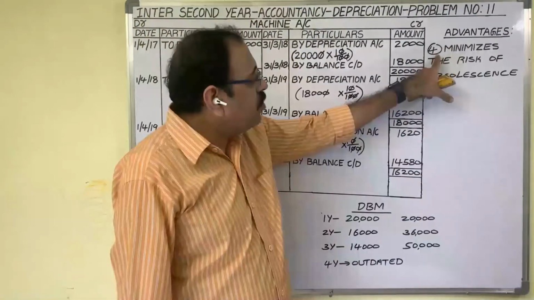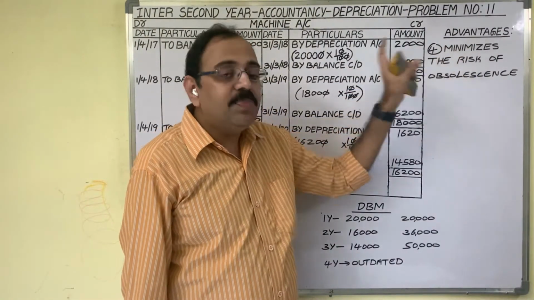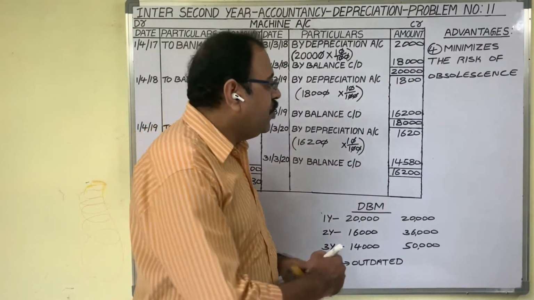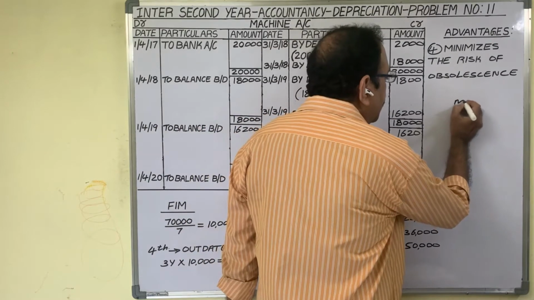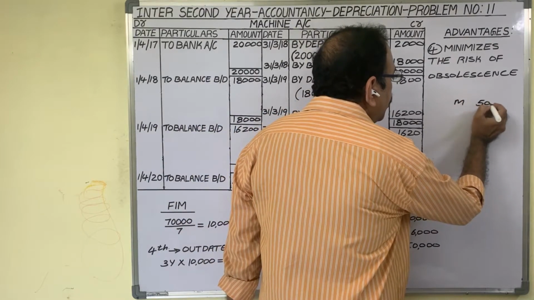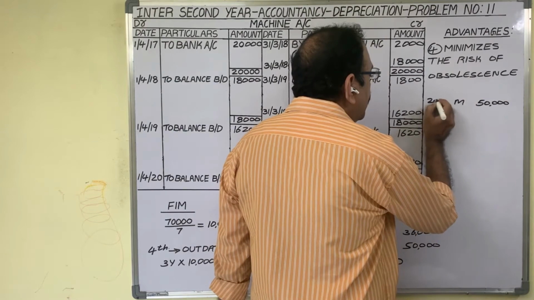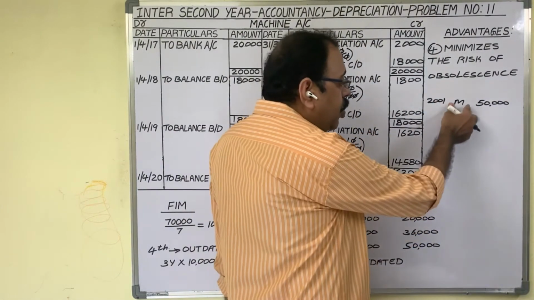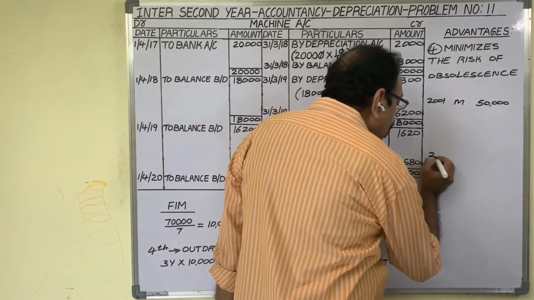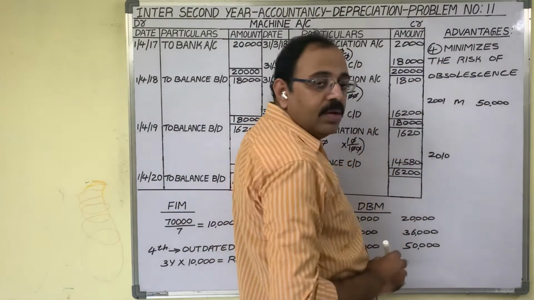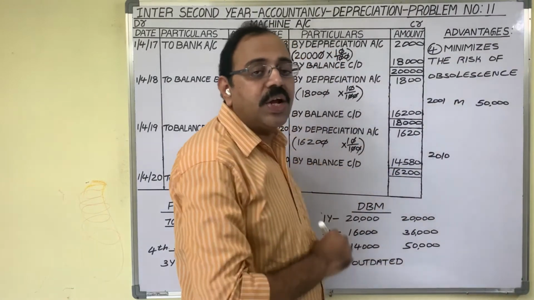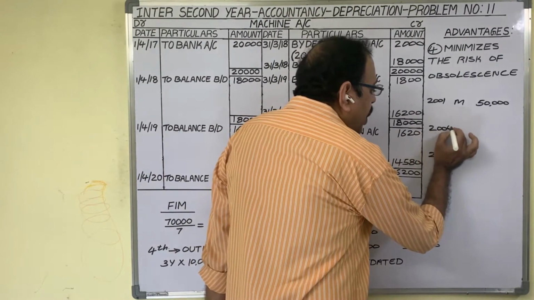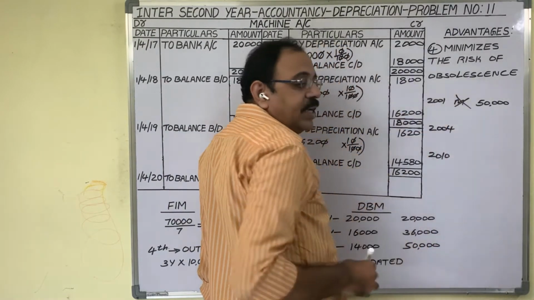The fourth advantage is that it minimizes the risk of obsolescence. What does obsolescence mean? For example, we purchased one machine for 50,000 rupees in 2001 and we are expecting that we can use that asset till 2010. But due to the latest technology, in 2004 we had to terminate this asset.